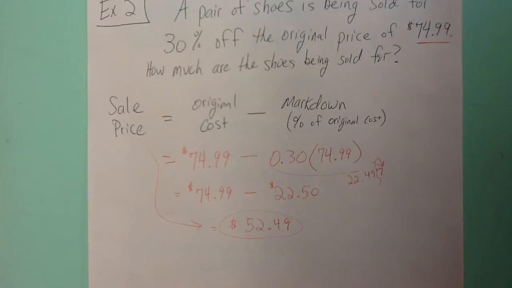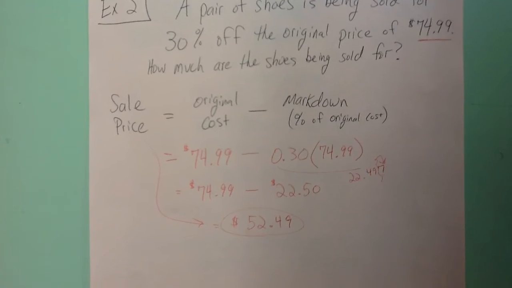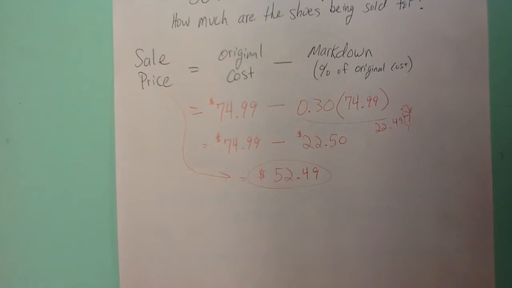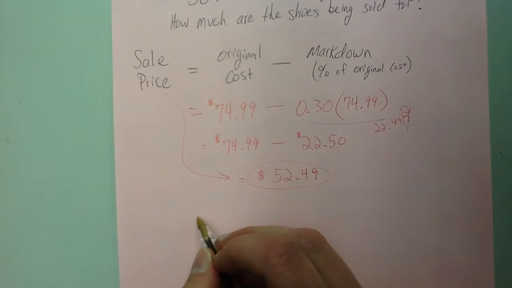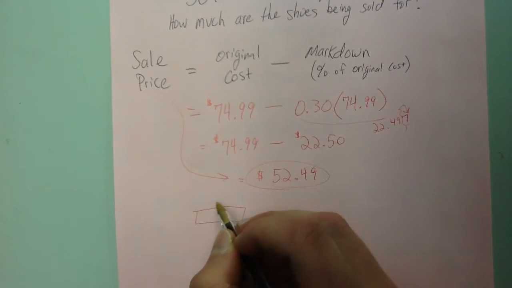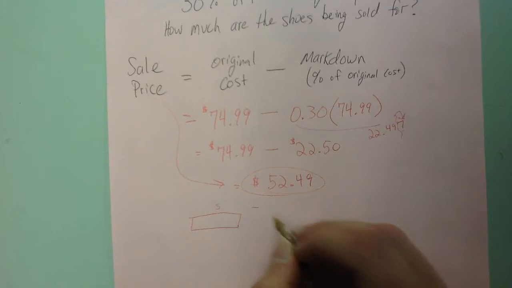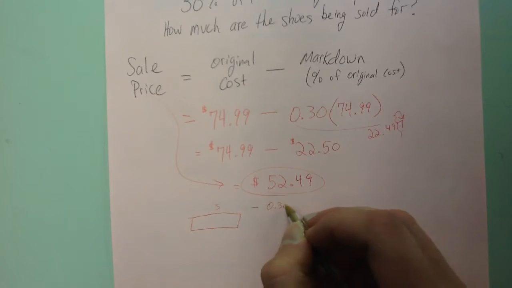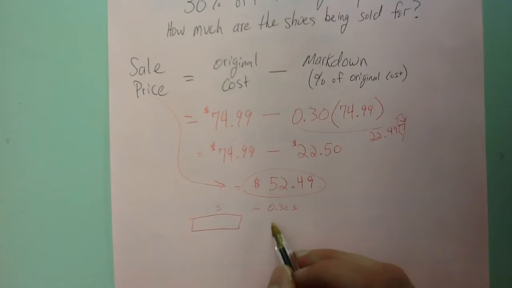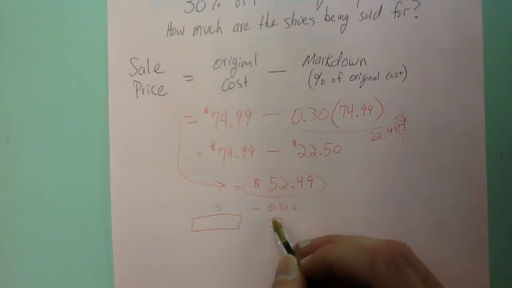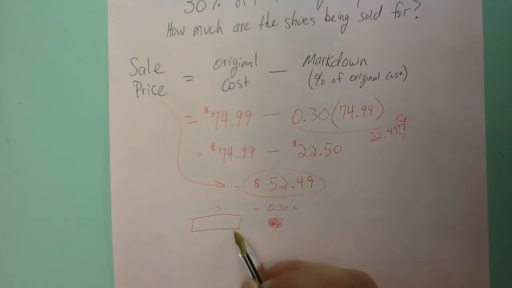Like I did with the markup example, I'm going to show you using a bar model. If I let this right here equal S, the price of the shoes, and I subtract 0.3S, 30% of the cost of the shoes, let's say it's this, I'm going to take that out of here.